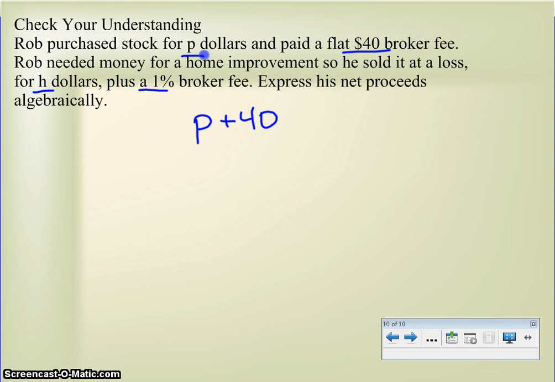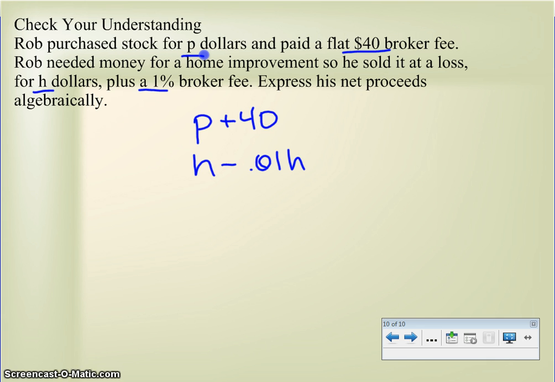When he sold it for H dollars, we had to subtract out a fee, so we're going to subtract out just the 0.01 H for the fee.